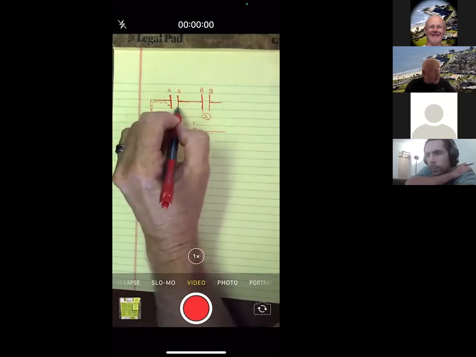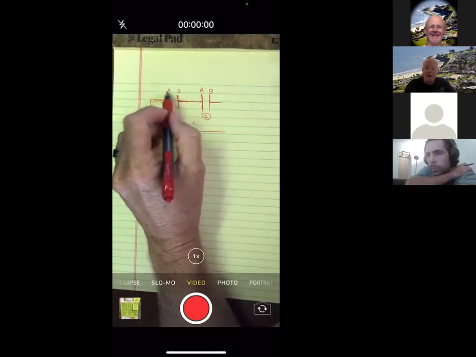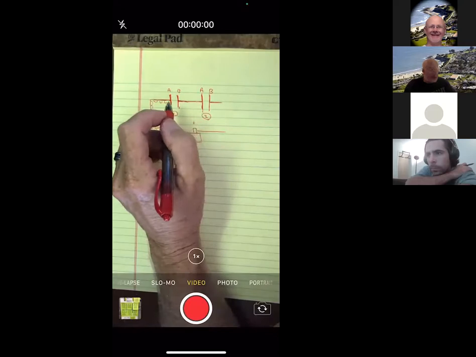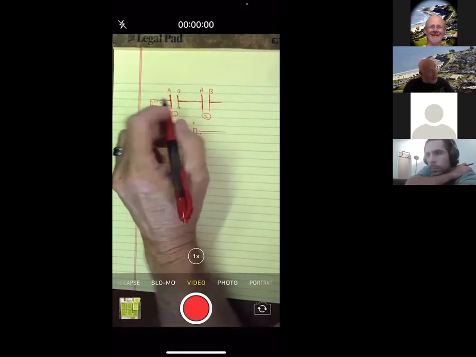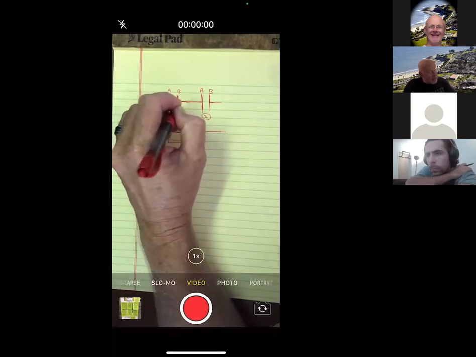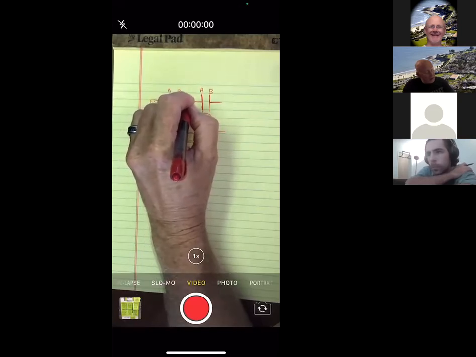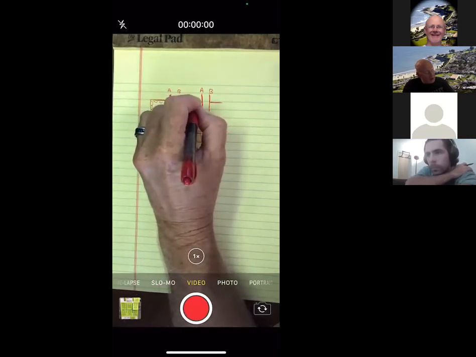However, plate B does feel the effect of that electron because there is an electric field between. And what that will do is take one of the electrons that was on plate B and push it into the wire, which pushes the next, which pushes the next, and so on.